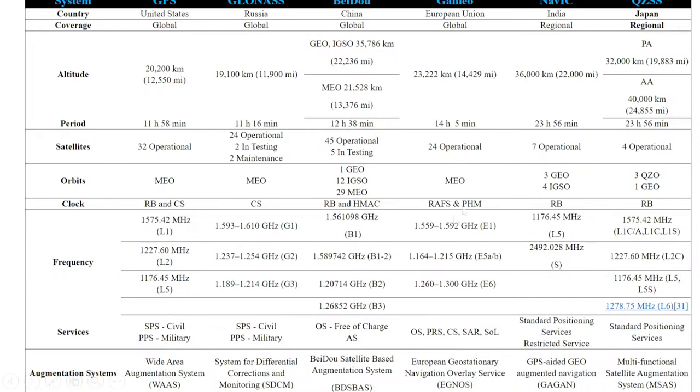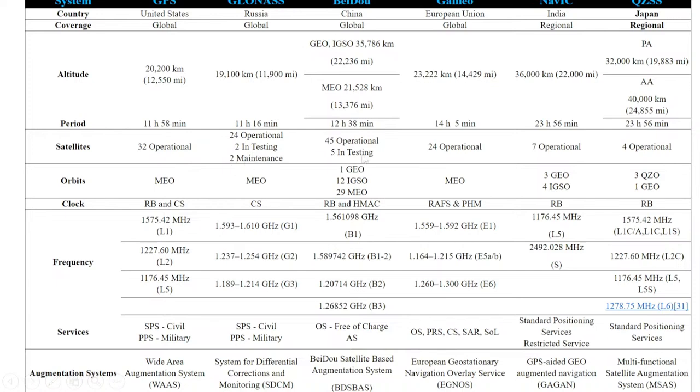This is the satellite constellation configuration specification. You can see GPS has 24 satellites, plus 6 in spare. GLONASS has 28, so 24 operational, 2 in testing and 2 in maintenance.